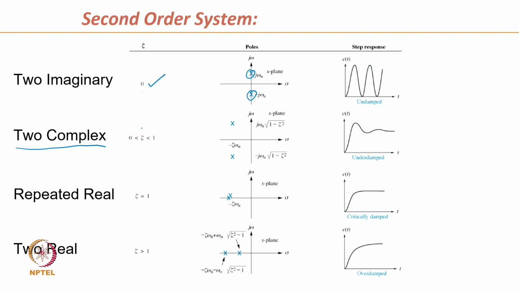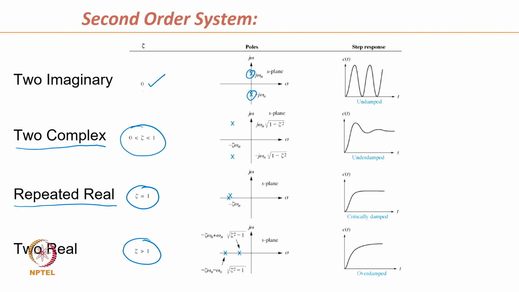For these two complex roots, zeta comes out to be between 0 and 1. For repeated roots, where both roots are real and repeated in the critically damped case, zeta comes out to be equal to 1. And for the overdamped case, where both roots are real, zeta is greater than 1.